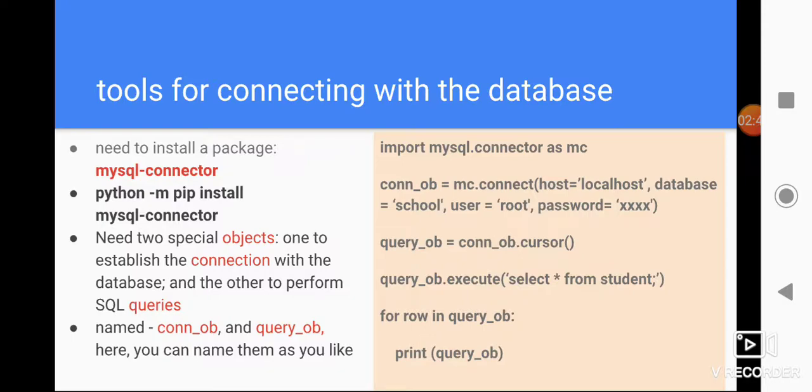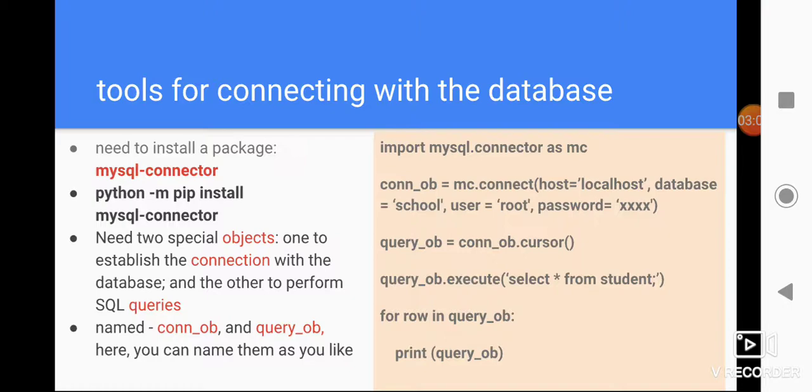Then the database name is specified in the argument variable by the name database, which is school in our example. Then the name of the user of the database, which in this example is root, and then we have to provide the password in the argument named password.